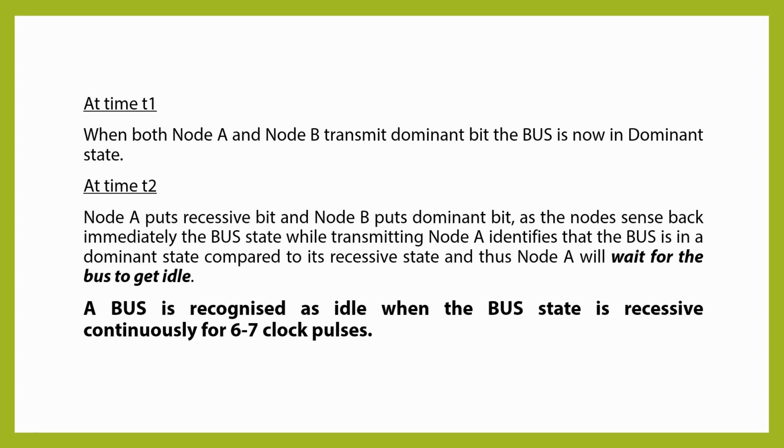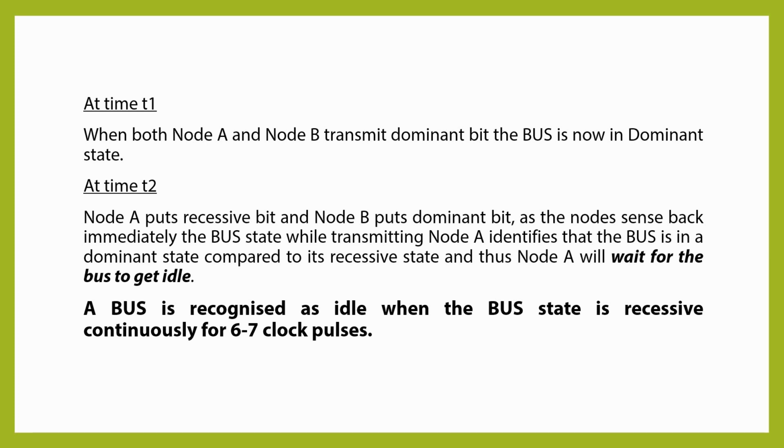As the nodes read back the bus state immediately while transmitting, node A identifies that the bus is in a dominant state compared to its recessive bit, and thus node A will wait for the bus to get idle. That is the procedure. If you are not winning the bus, you will wait for the bus to get idle so that you can try again. That is the basic concept.